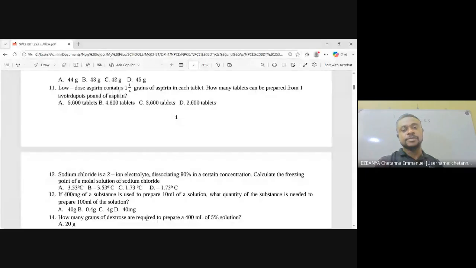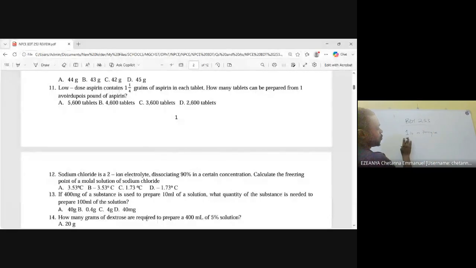Correct. Because you are asked how many tablets can be prepared from one avoirdupois pound, and one avoirdupois pound is 7,000 grains. Good.